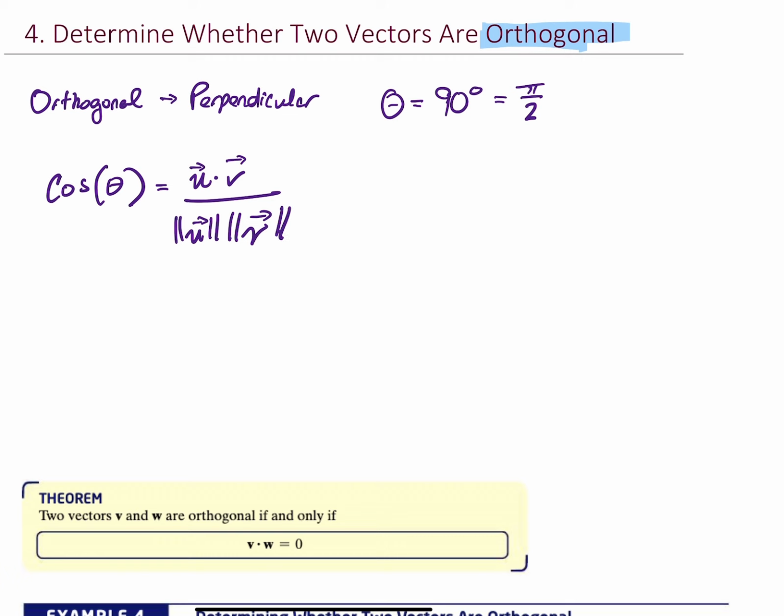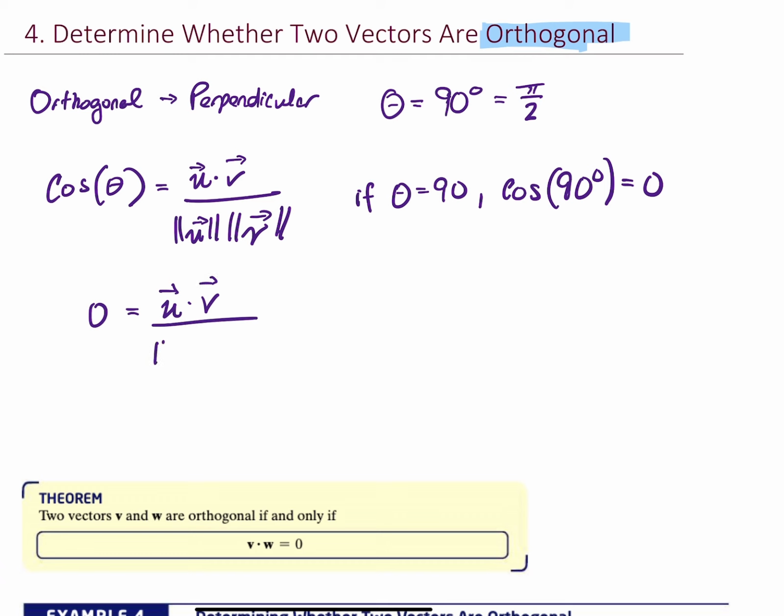Well, if our angle is 90 degrees, then the cosine of 90 degrees is 0. So that means 0 would equal u dot v divided by their magnitudes.